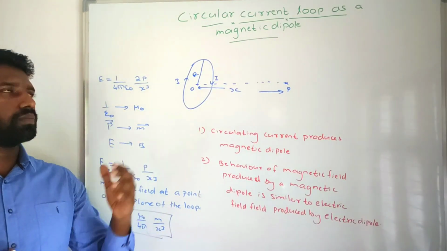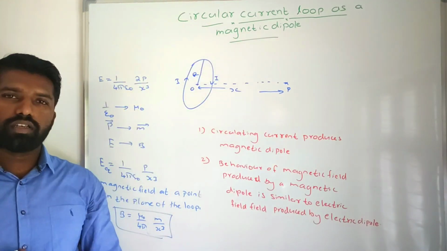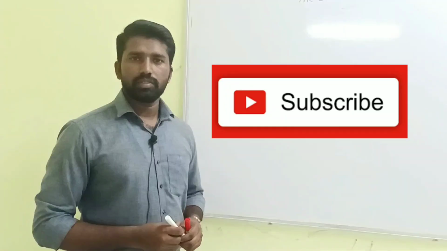Okay, this is about a circular current loop as a magnetic dipole.